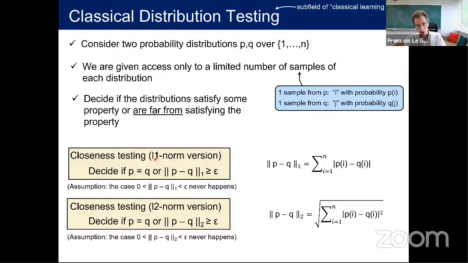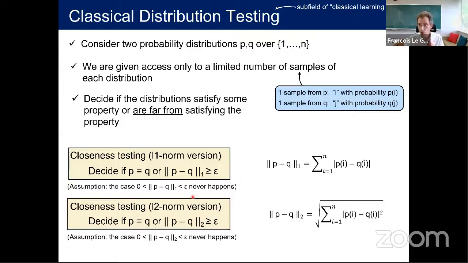I will start with the L1 norm version. Your task is to decide if P and Q are equal, so the same distribution, or if the distance between P and Q is at least epsilon, where epsilon is a parameter. For evaluating the distance, we are considering the L1 norm, defined like this. And the L2 norm version is exactly the same, but we take the L2 norm instead of the L1.